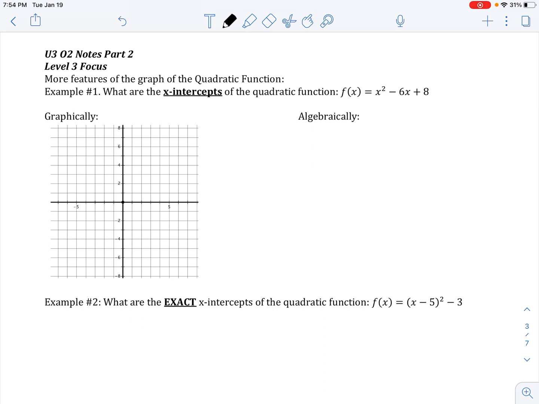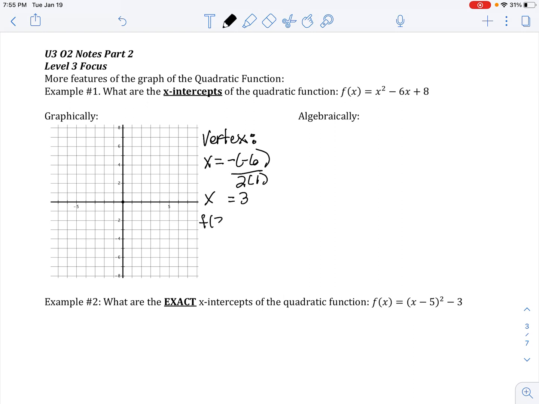What are the x-intercepts of this quadratic function? So graphically, if we were to determine that, that means we would begin by finding the vertex of the quadratic. So the vertex is going to be x equals the opposite of b, so that's the opposite of negative 6 over 2 times 1, and that gives me a 3, so x equals 3.